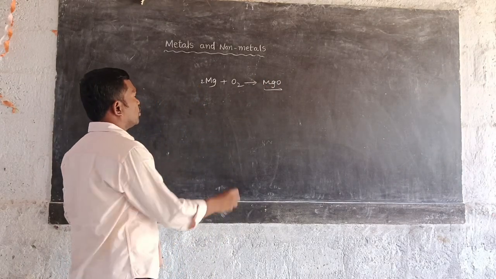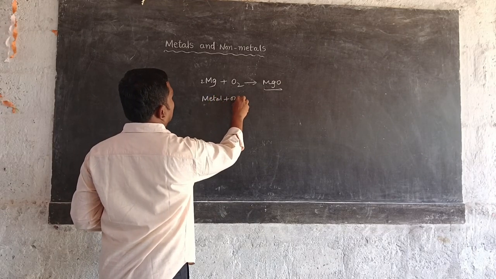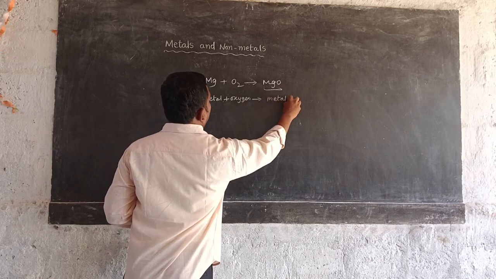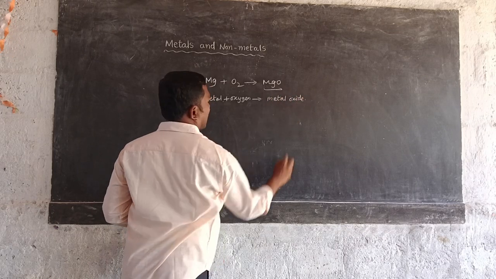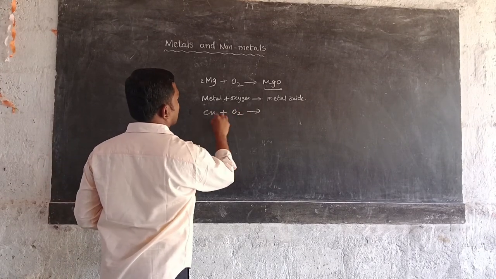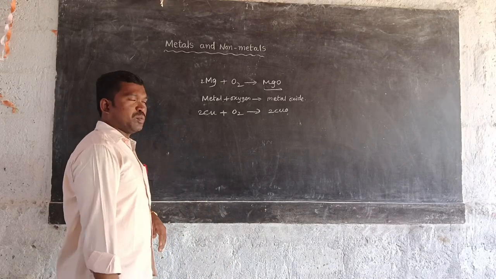So metal plus oxygen gives metal oxide. Cu plus O2 gives 2CuO. Here also metal oxide is produced.